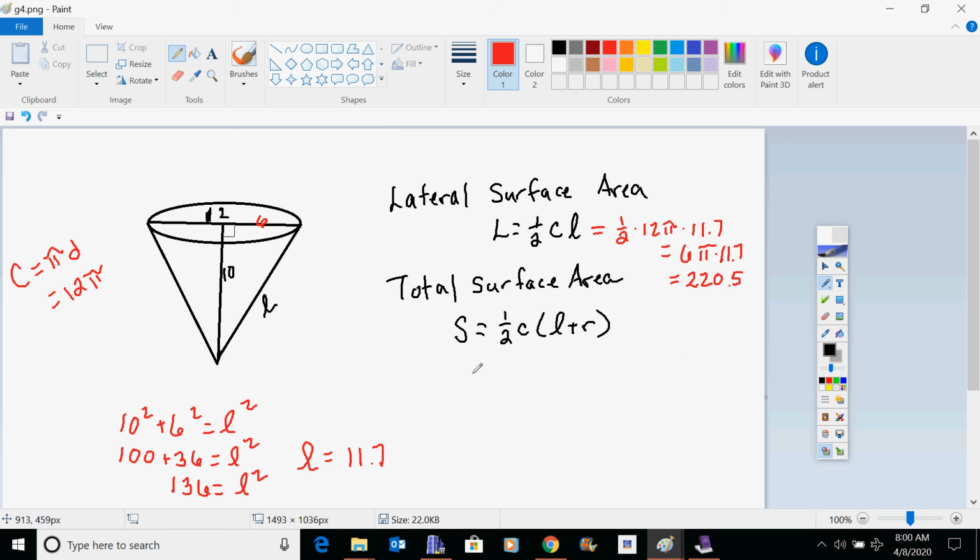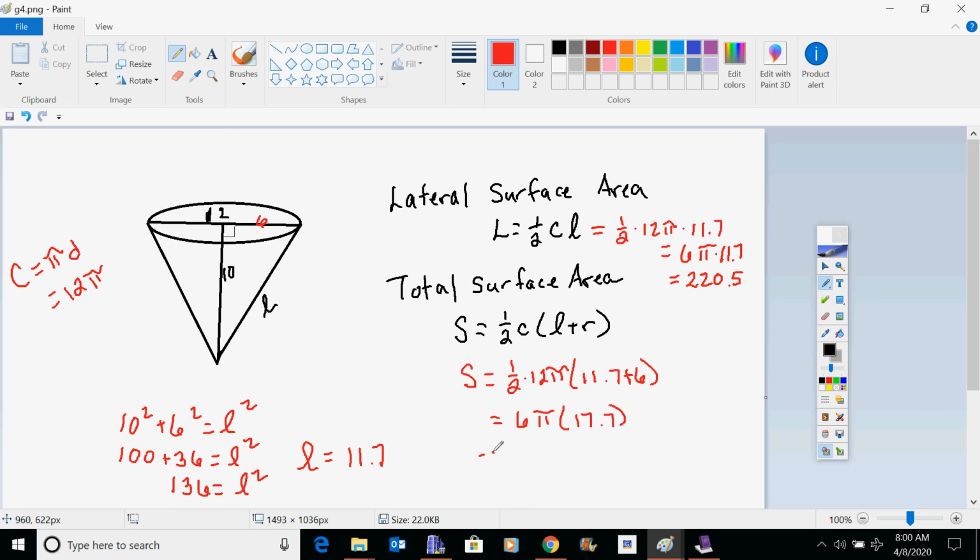If I want the total surface area, it's 1/2 times circumference, which is 12 pi, times L, which is 11.7, plus R, which is 6. So 6 pi times 17.7.